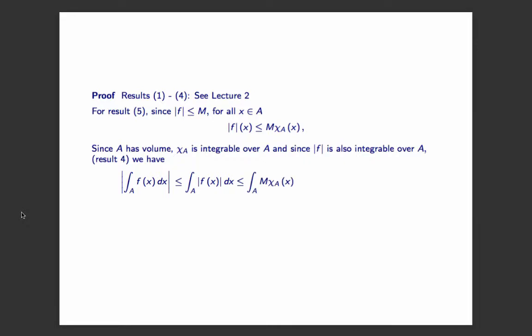And from result 3, the absolute value of f is less than or equal to M times chi A. Since M is a scalar, from result 2 that scalar can be factored out. And of course the integral of chi A over A is the definition of the volume of A, and we have our result.